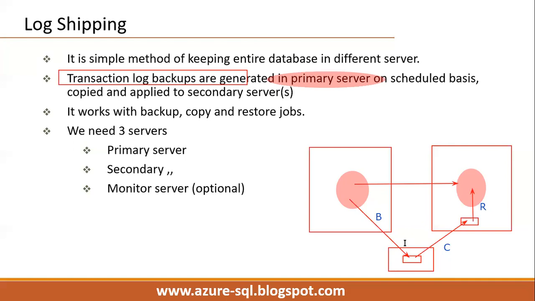After the log backup is generated, the same backup file is copied by the copy job. Then the restore job applies the changes to the database. Like this, the first time we take a full backup and restore it. From then onwards, changes are applied periodically with the help of log backups.